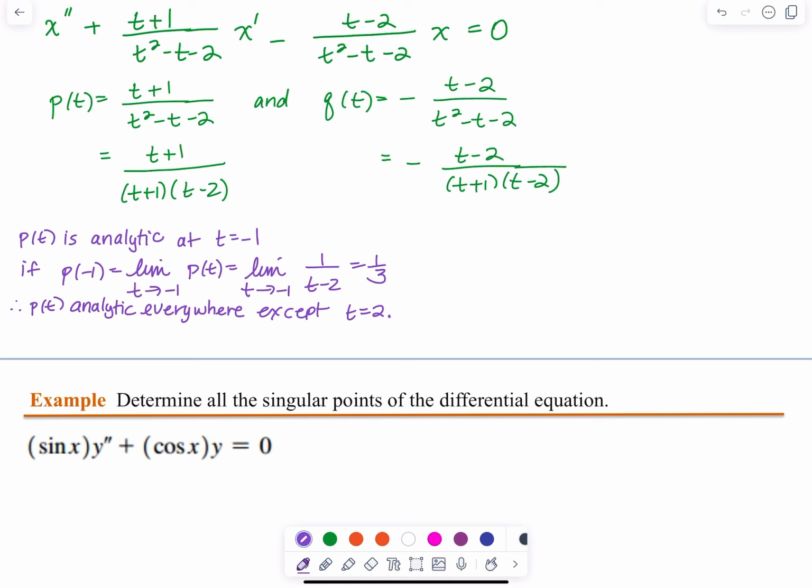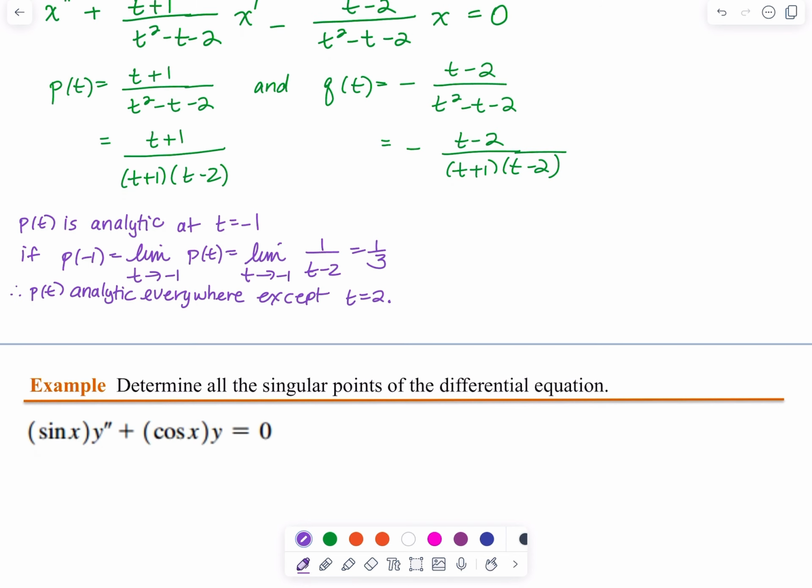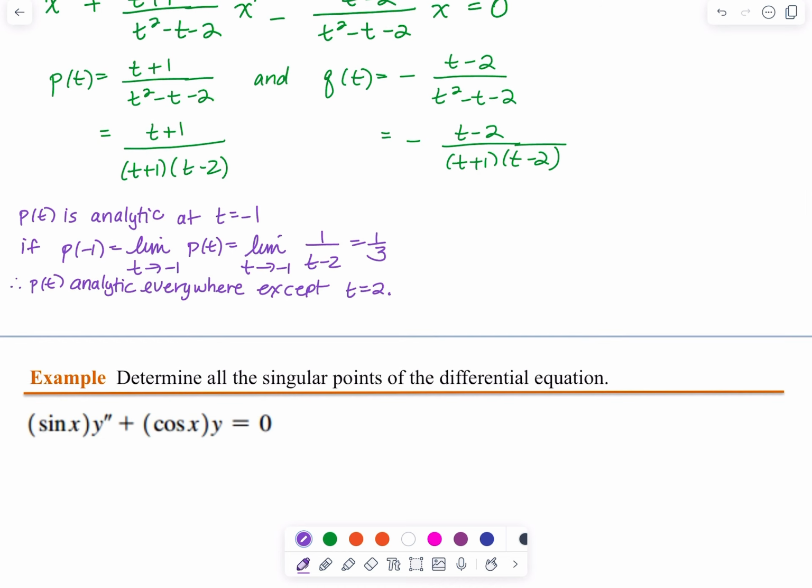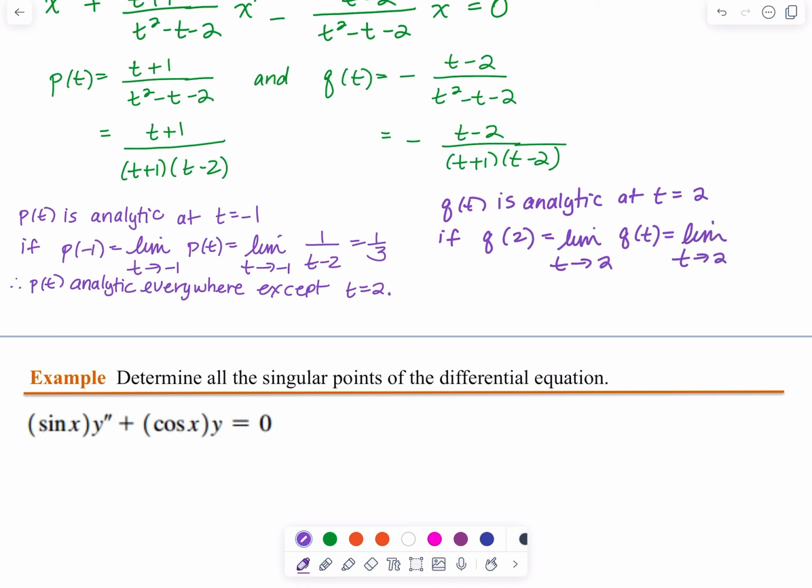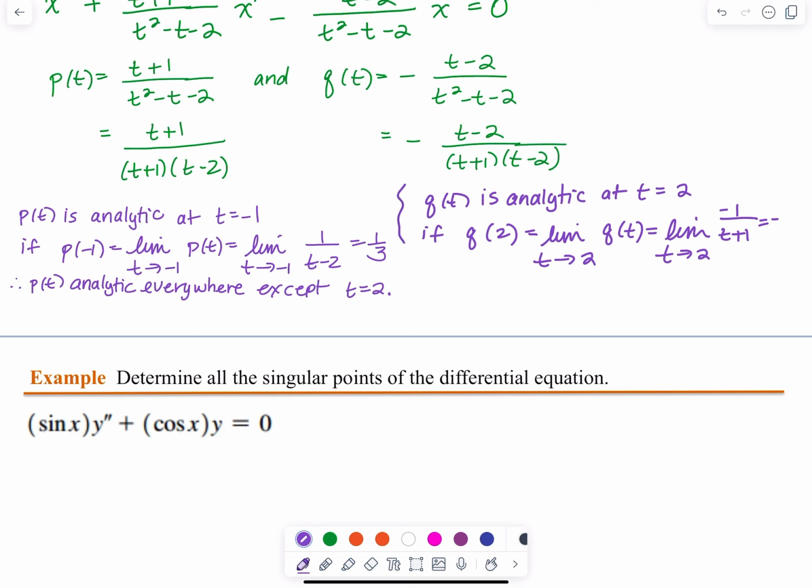So for q of t is analytic everywhere except at t equal to -1. So we can say in a similar fashion that q of t is analytic at t equal to +2 if q of 2 is equal to the limit as t approaches 2 of q of t, which will be the limit as t approaches 2 of 1 divided by t plus 1, which is going to be equal to, and actually I did forget a negative here, so this would be a negative 1/3.